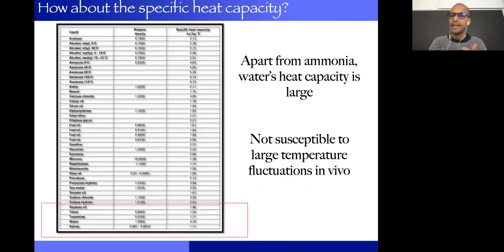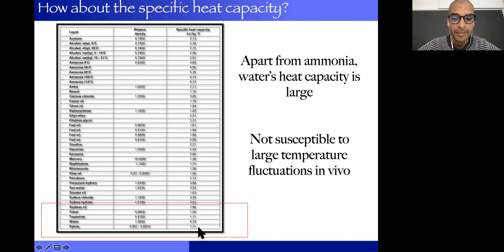What about heat capacity? Sorry for the bad picture, but water has a very large heat capacity.